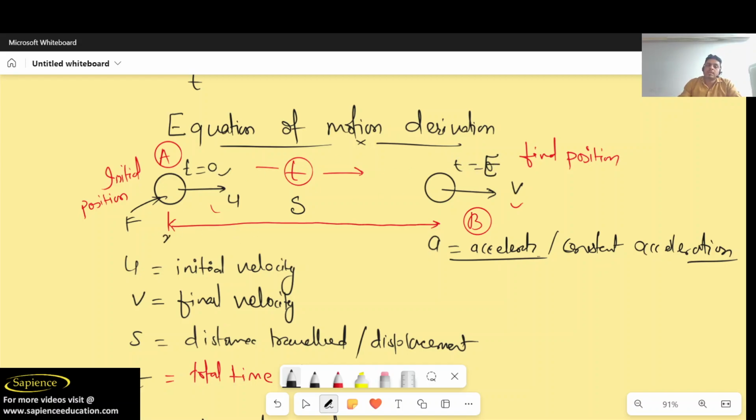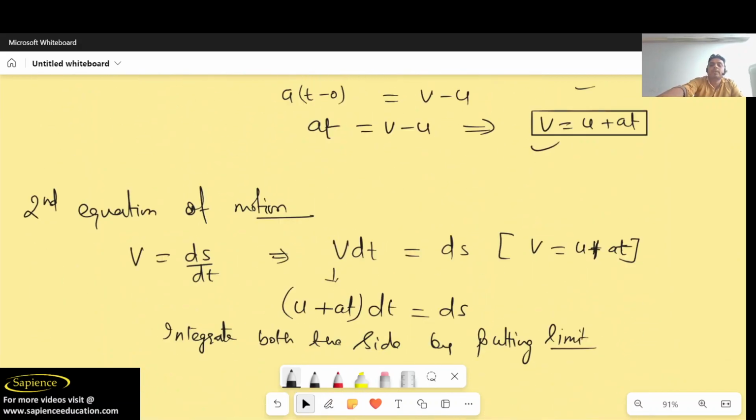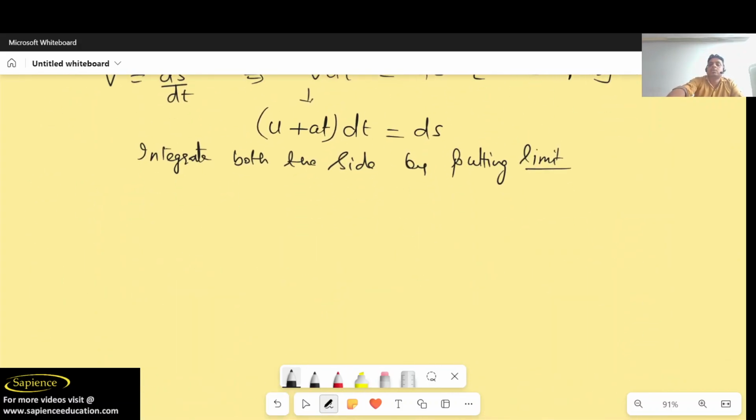For distance, suppose x equal to 0 at the start, and the final distance it has reached is s, so x equal to s is the final limit. In this way we need to give a limit. If you give a limit, only then will you be able to figure out the perfect formula.